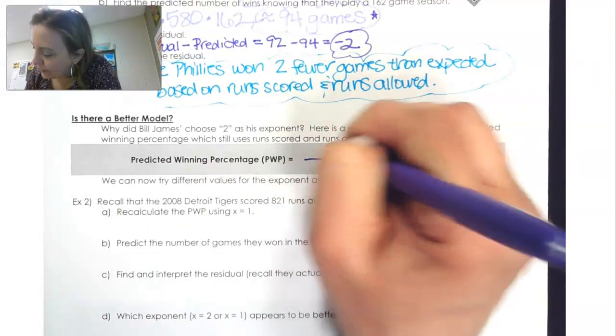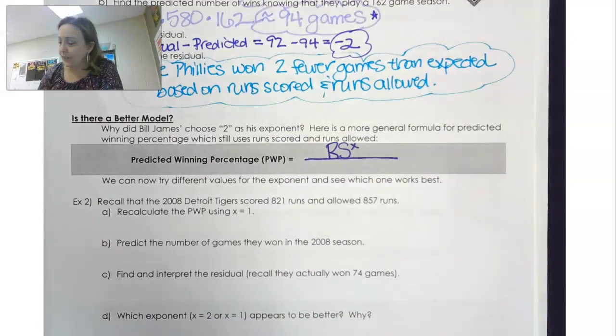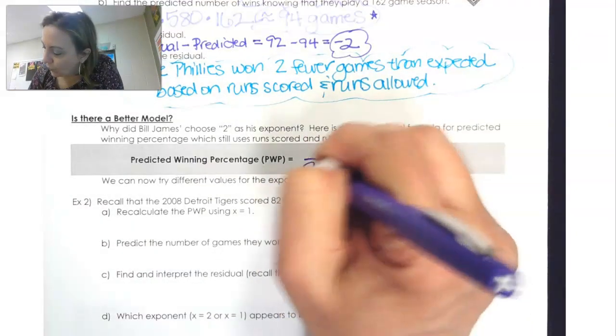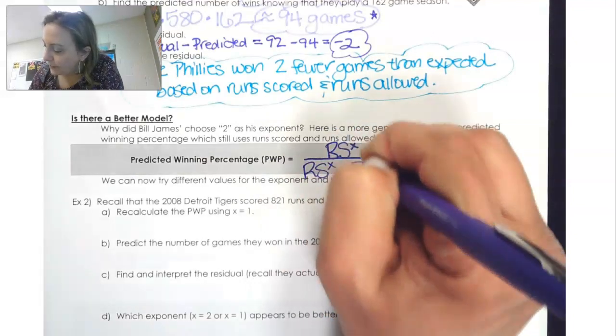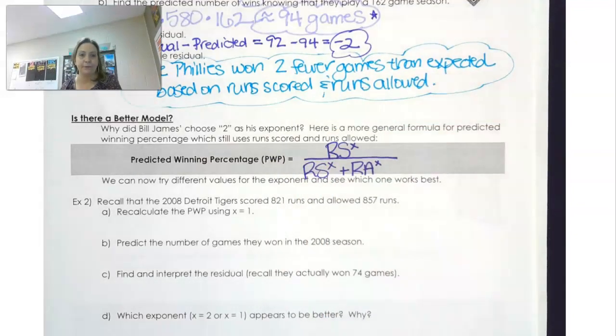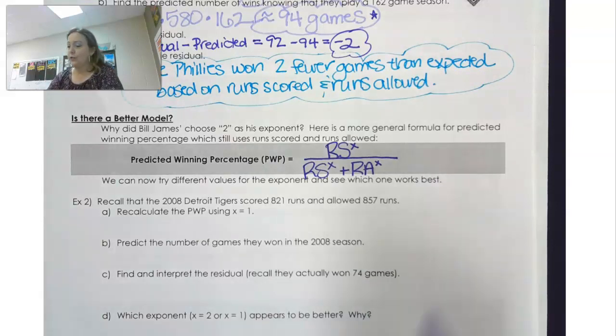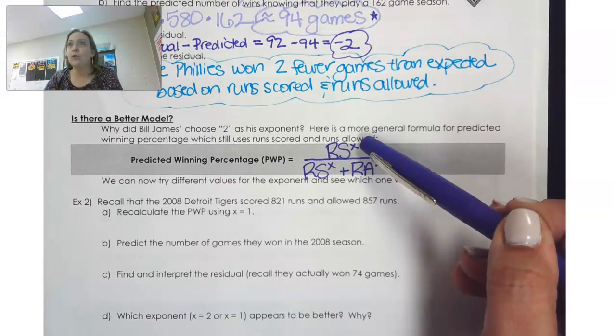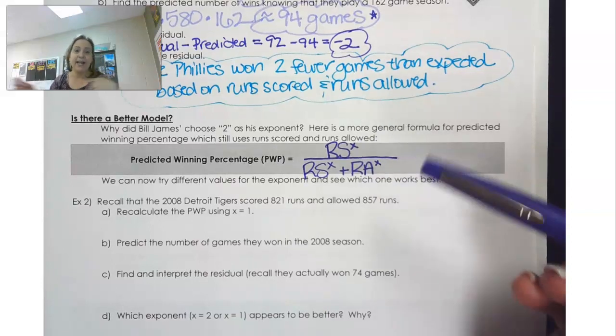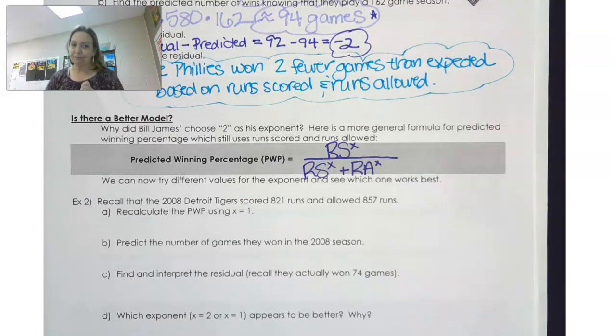So we'd have runs scored to some power over runs scored to some power plus runs allowed to some power. And what you can do is try out different values. So you could try X equals 3. You could try X equals 2.5 and then see what the best one is going to do.